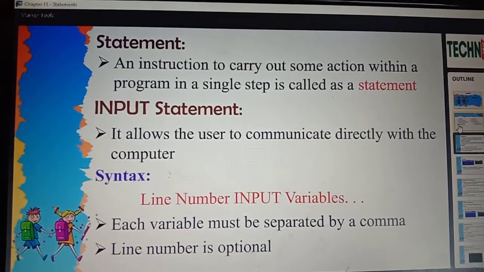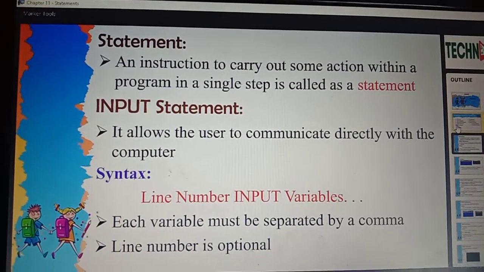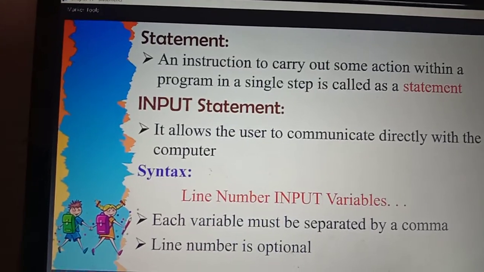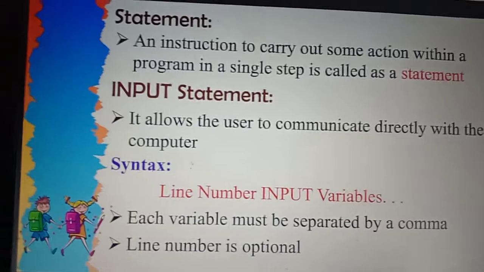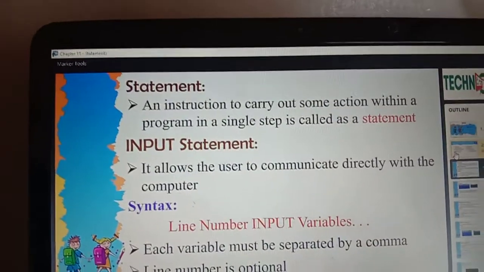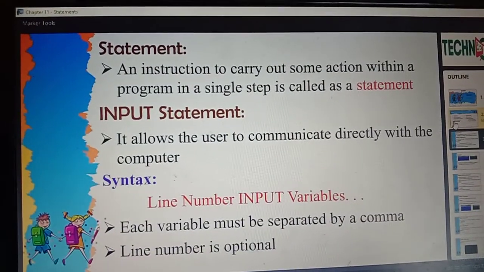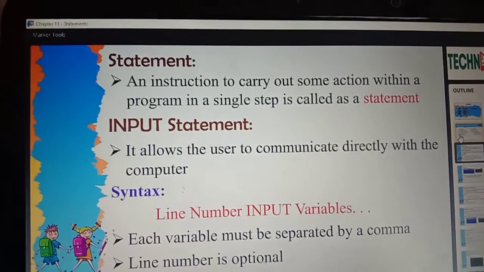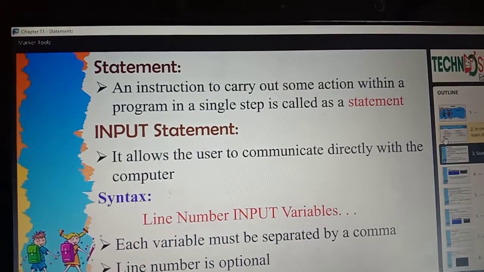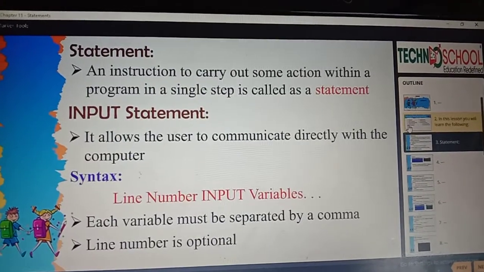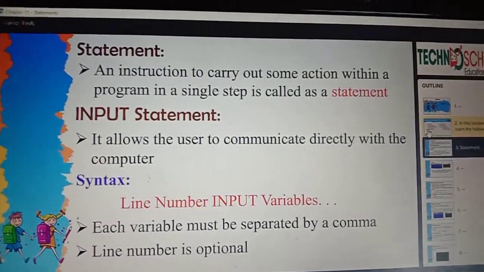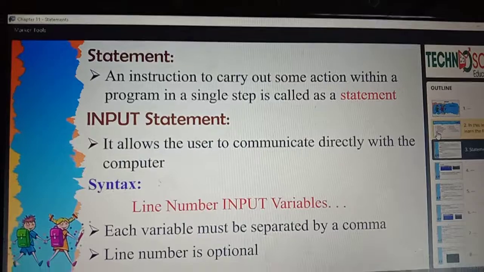First, what is a statement? Usually if anyone is asking a question, you frame your own statement or sentence, right? A statement is an instruction to carry out some action within a program in a single step. So I'm repeating: in a program, we are going to perform certain actions.